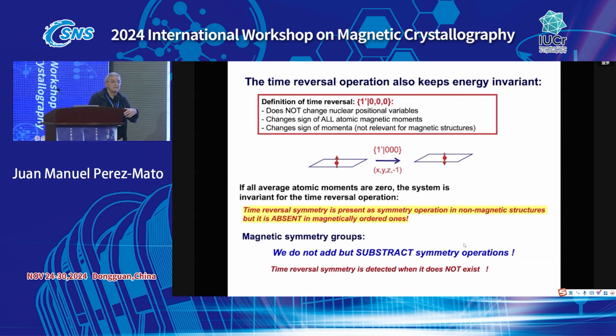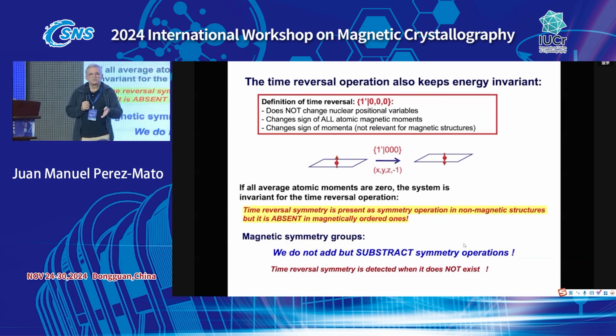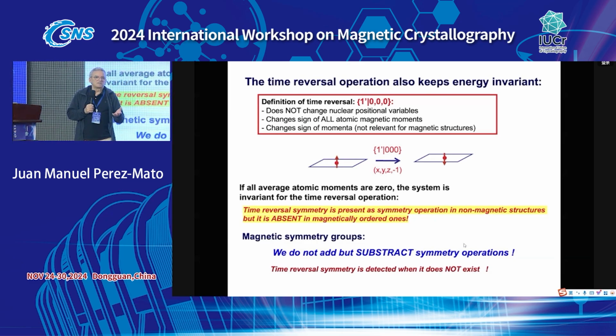But the point is that time inversion does not appear only when we go into magnetic structures, which is the impression one gets when one talks about magnetic structures, because suddenly we start talking about time reversal. No, time reversal is present as a symmetry all the time in ordinary non-magnetic structures. If you apply time inversion, the system is indistinguishable and it keeps the energy, okay?